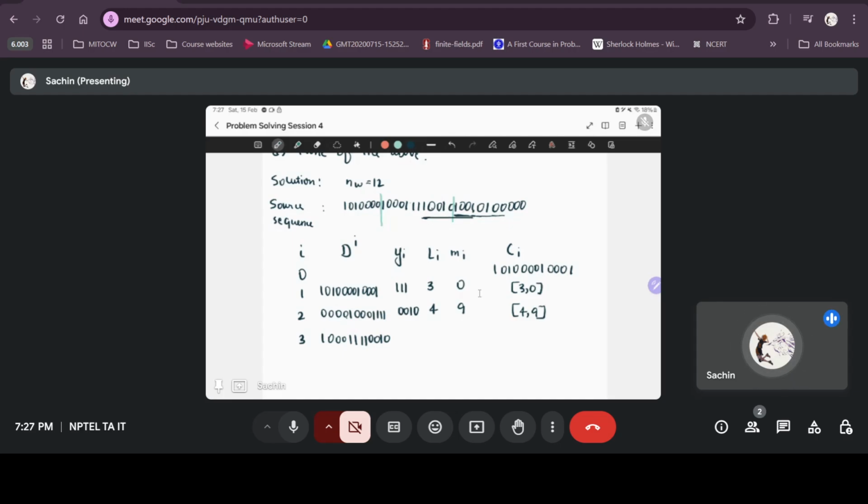So it's a matching substring of length 1, 2, 3, 4, 5, 6, 7, 8. It starts at location 0, 1, 2, 3, 4. So the code word is 8, 4.